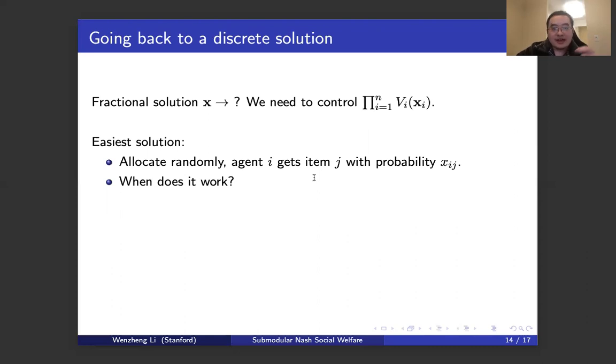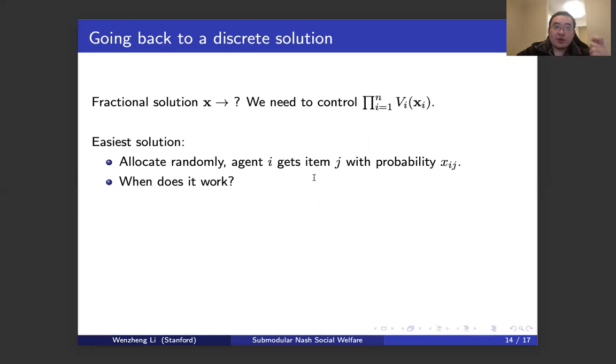But of course, it cannot work for any submodular function because the integrality gap is unbounded. So an interesting question to ask is, when does it work? Or equivalently, when does it concentrate?